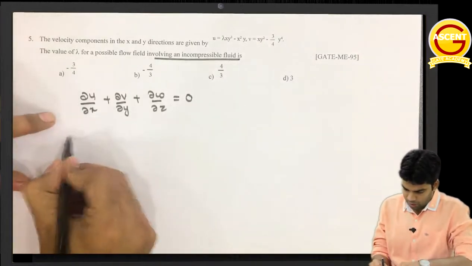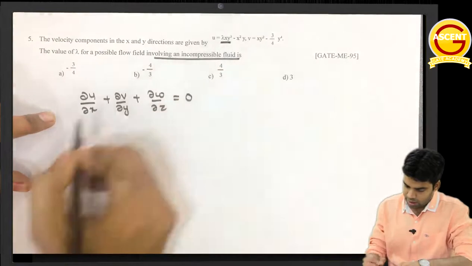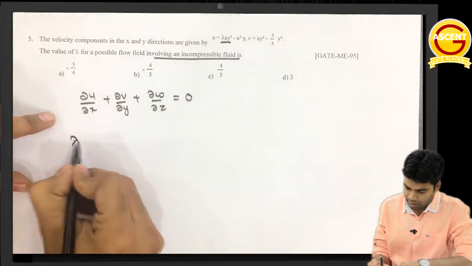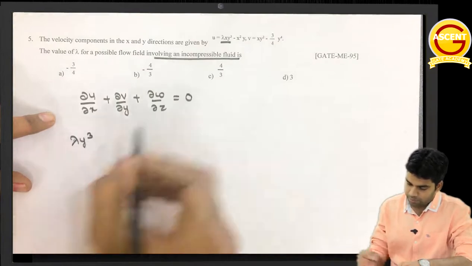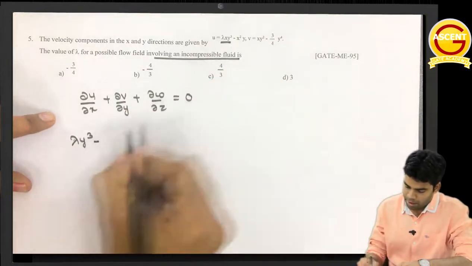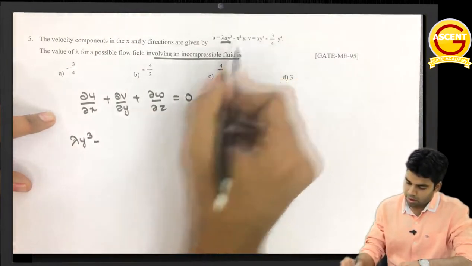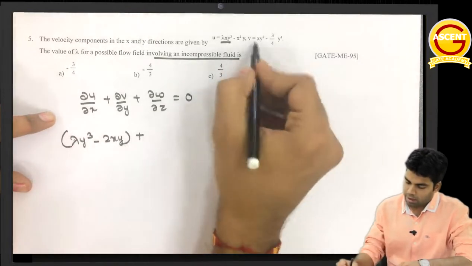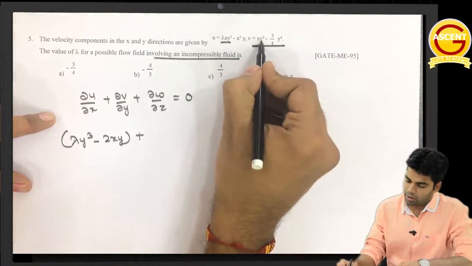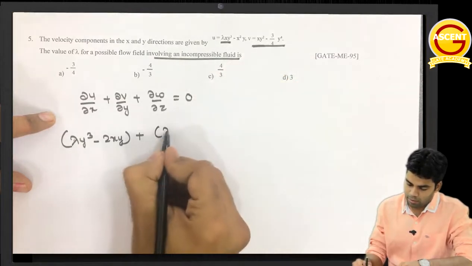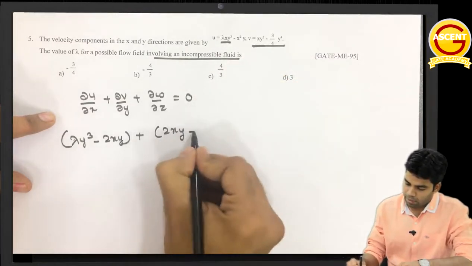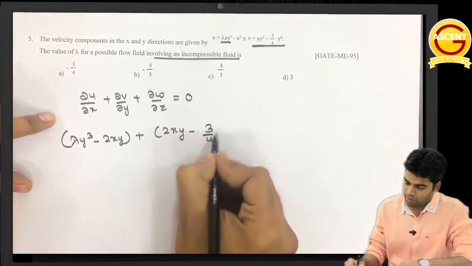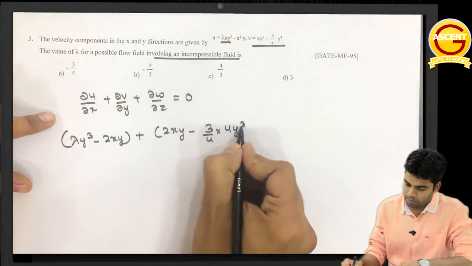So just put the value. Del u by del x will be lambda y cube minus 2xy, plus del v by del y, which will be 2xy minus 3 by 4 into 4y cube.